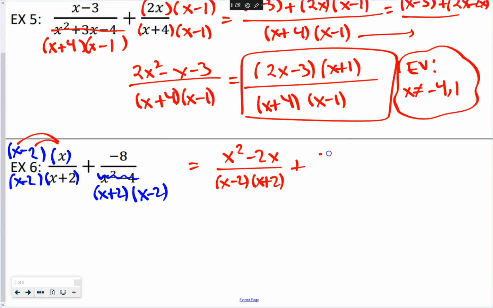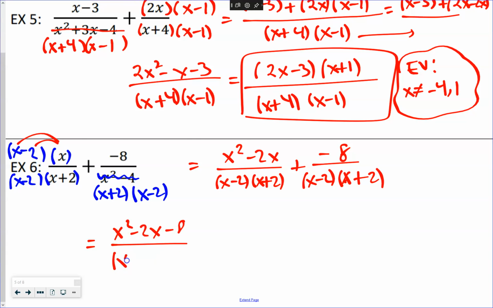And we're going to add to this negative 8 over x minus 2 and x plus 2. So now that my denominators are the same, I can add across the top. I don't have any common terms, do I? So that's going to become x squared minus 2x minus 8 over x minus 2 and x plus 2.